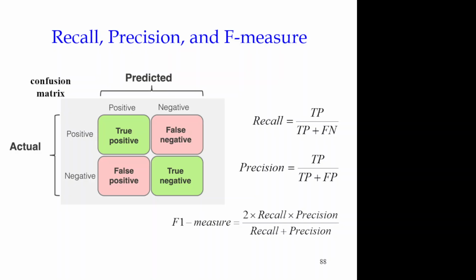Some documents are relevant, some are irrelevant. According to your query, you can divide all the documents in your data set into relevant or irrelevant. You can predict some as positive, some as negative, corresponding to relevant and irrelevant to the query.